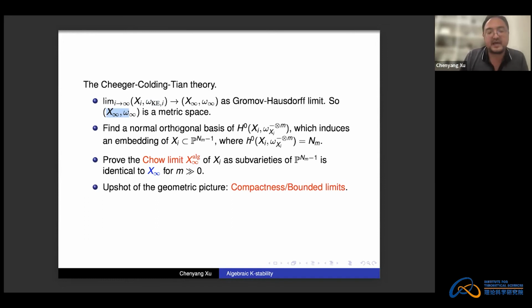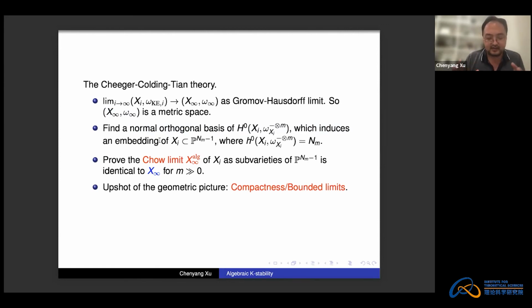Then for different choices of basis, I embed X_i differently inside P^N, right? Here, the choice of the basis, you have to be careful. It's an orthonormal basis with respect to the Kähler-Einstein metric. So somehow the choice of the basis depends on the metric you start with. And now if you choose a different orthonormal basis, they only differ by one element in the unitary group.